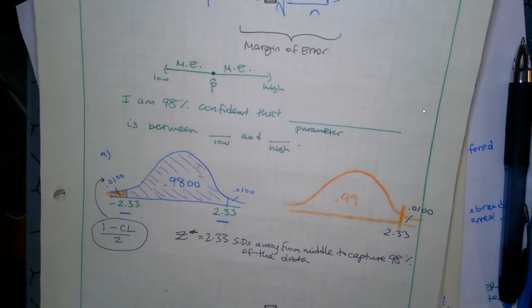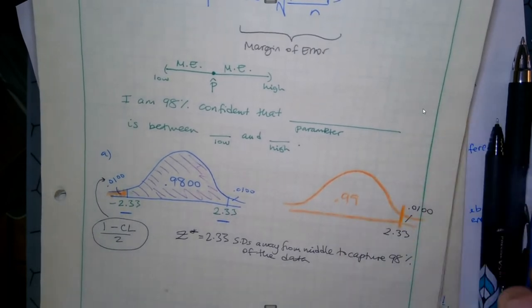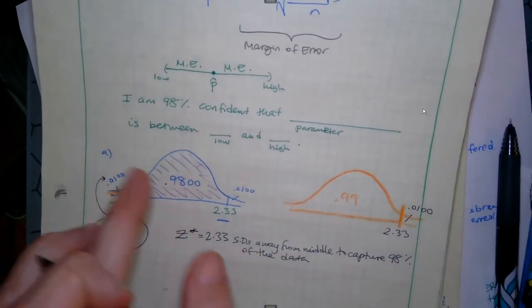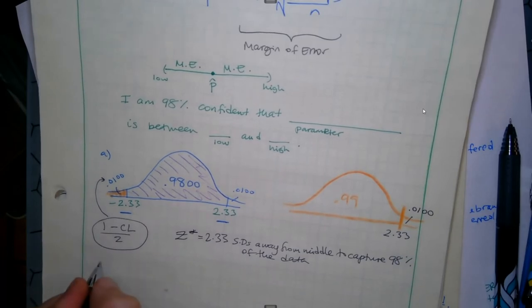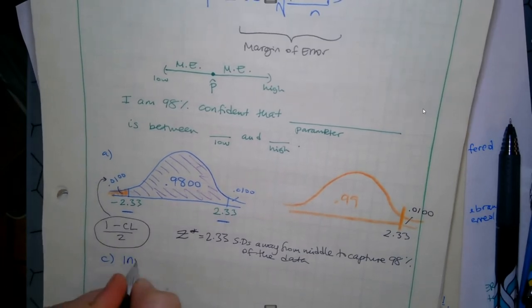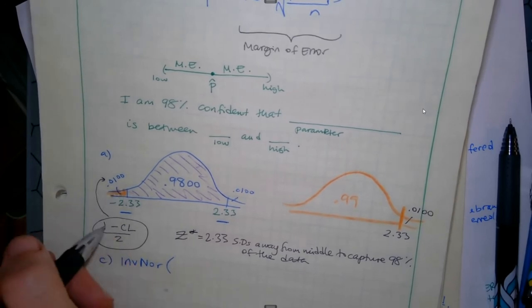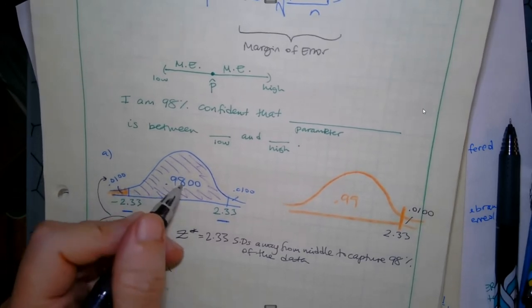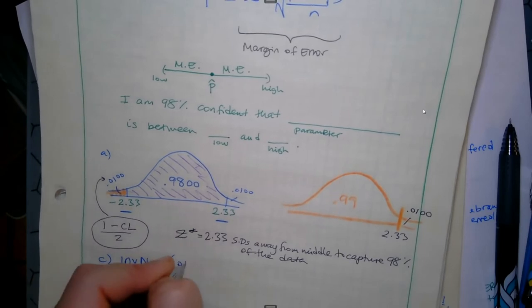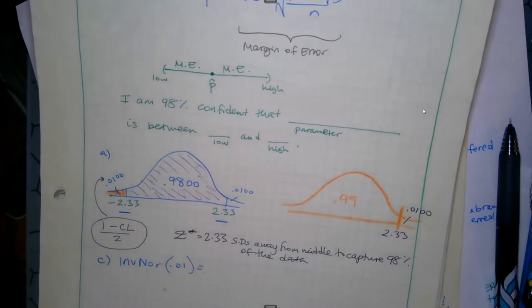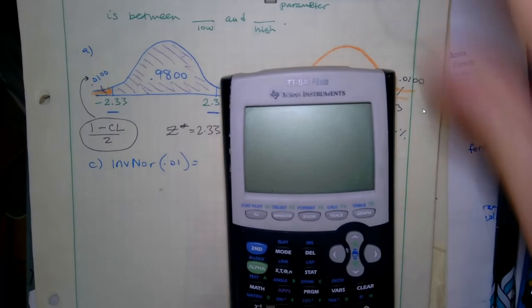There is a way to do this on your calculator. I'm going to show you this, but it's a little dangerous because you have to make sure you do something with this 98%. It can't stay the way it is. So inverse normal, I have to do 1 minus CL over 2. So 1 minus 0.98 over 2 to get the 0.01. Inverse normal is in the following place.